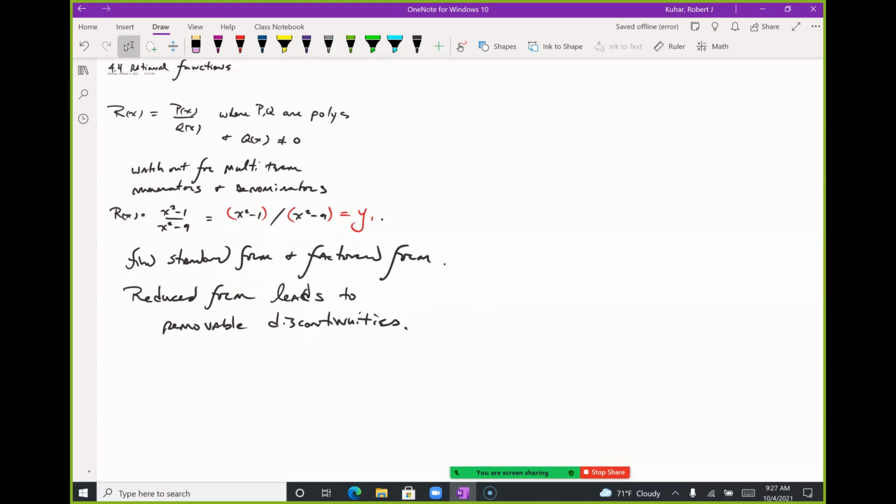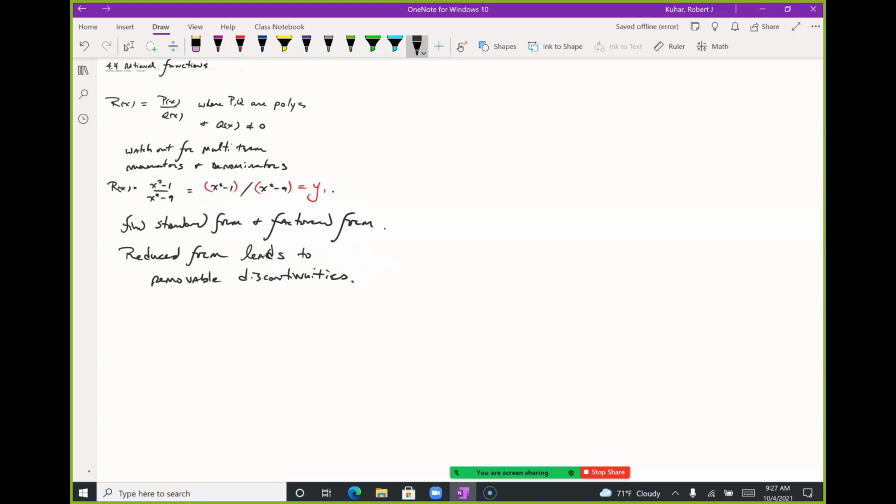So our first real question is, what's the domain? Maybe what's the range? Where are there vertical asymptotes? Where are there horizontal asymptotes? And then eventually, where are there oblique asymptotes?